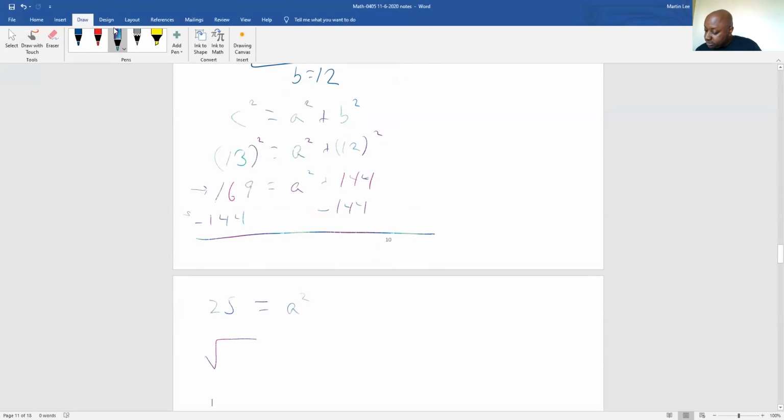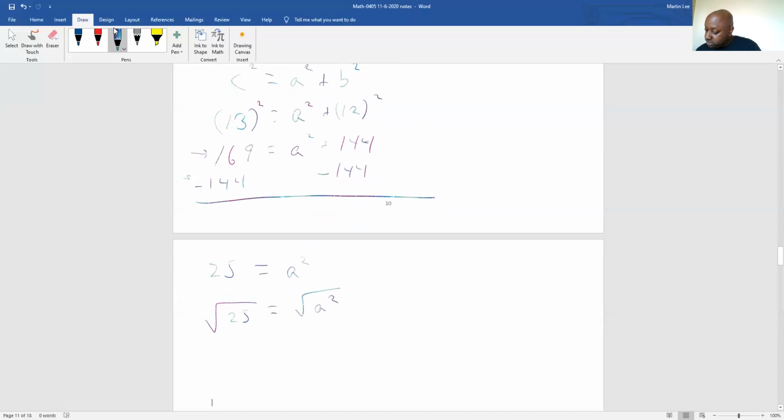And now taking the square root of both sides, we're going to get A is equal to 5. So that other leg of that right triangle had a length equal to 5. And that's it. And that's all I have for today.